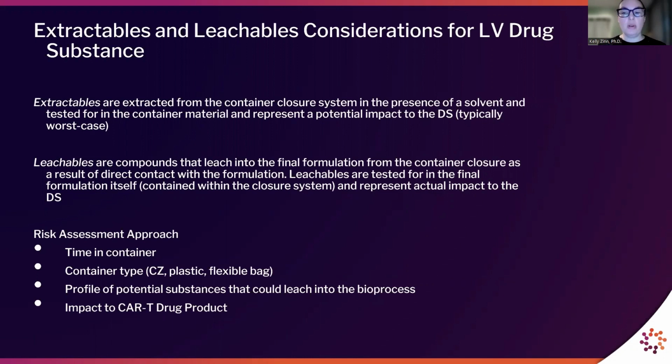Typically for the lentiviral vector drug substance, the focus is leachables from that final container and how those container leachables may impact the vector during storage. But the leachables don't only impact the vector; it's also important to evaluate how the vector leachables may impact the CAR-T product, and ultimately if the vector leachables have an impact on the patient.